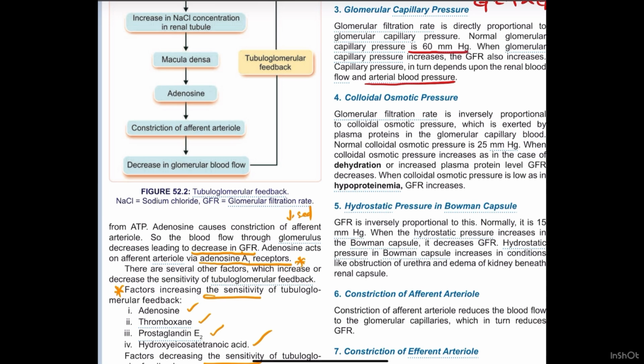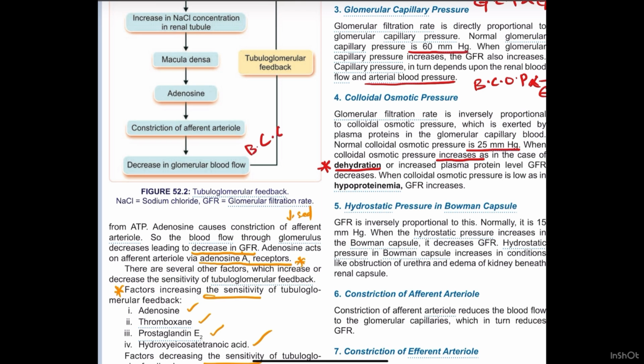If your blood colloidal osmotic pressure is increased, then GFR is going to be decreased. The normal colloidal osmotic pressure of the plasma proteins in glomerular capillary blood is 25 mm of Hg. When the colloidal osmotic pressure increases, as in the case of dehydration, what happens here?